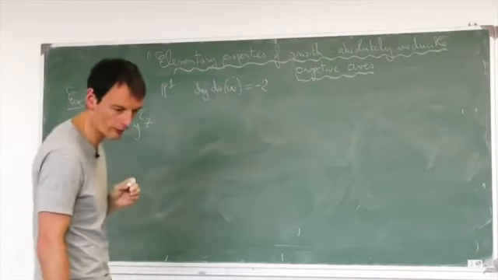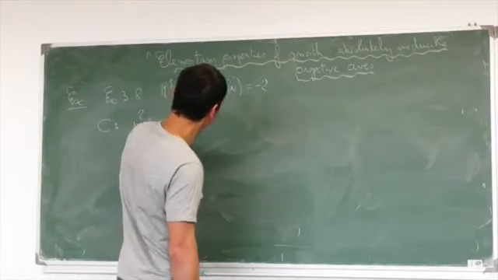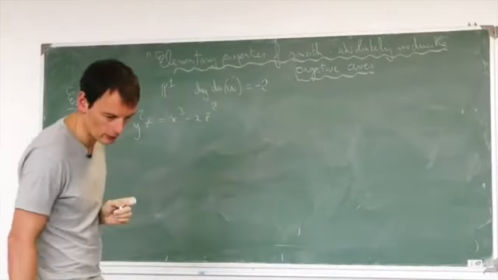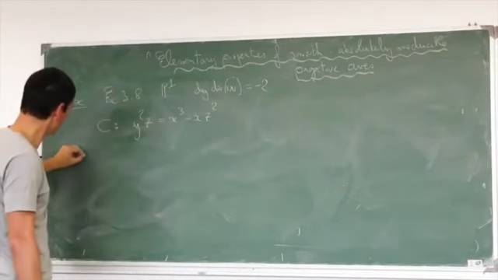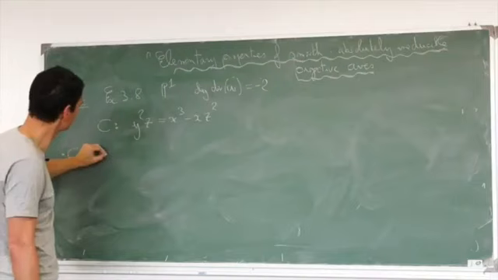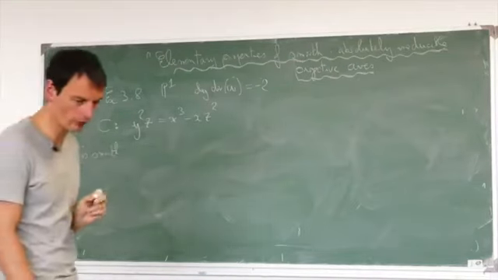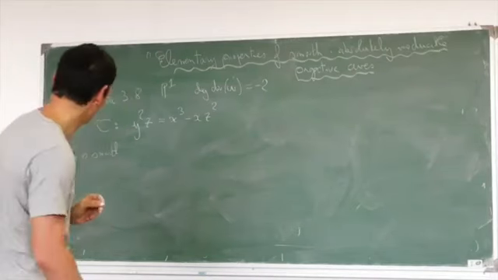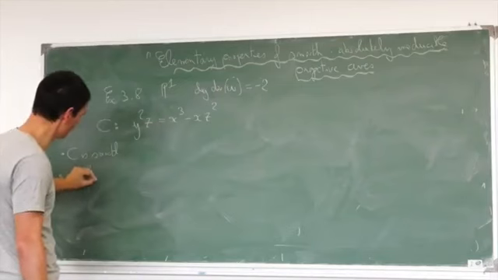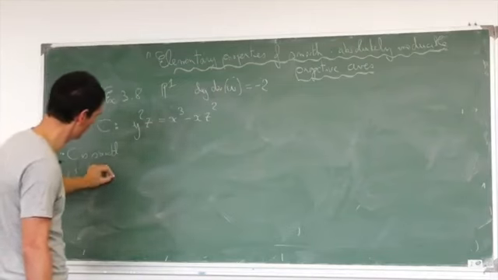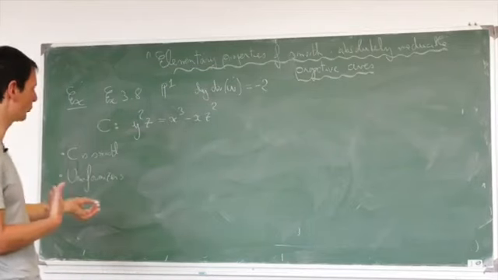And the case I'm going to do with you is the following one: y squared z equals x cubed minus x z squared. First thing that you should prove is that C is smooth. This I'm not going to do; you just apply the criterion as always. The second thing is that once it's smooth, we can try to find uniformizers at all points. I'm going to distinguish the point at infinity.